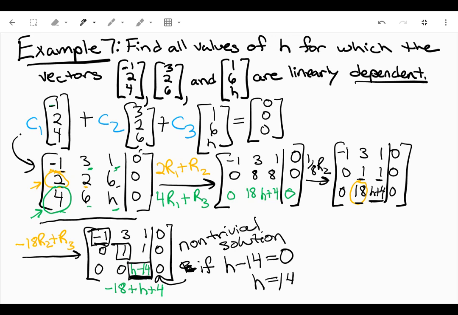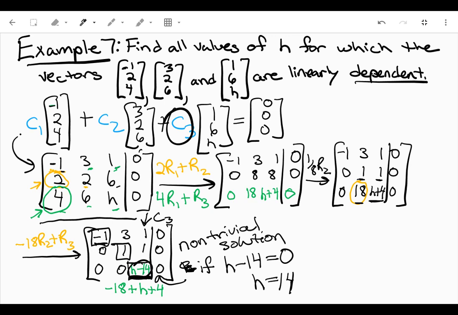If h is 14, then this thing's going to be 0 right here. So that means no pivot in column 3. That means that this corresponds to the variable c3, c3 would be a free variable, which means we can form a solution for any value of c3.